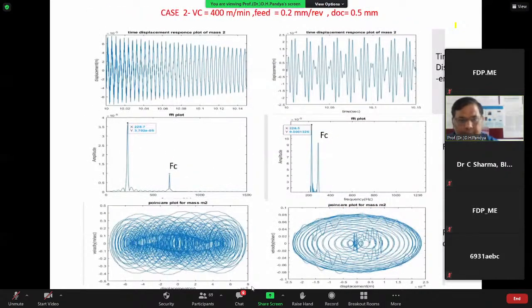This is another one at 400 meters per minute, and depth of cut is 0.5. Speed is increased while the other parameters are kept constant.